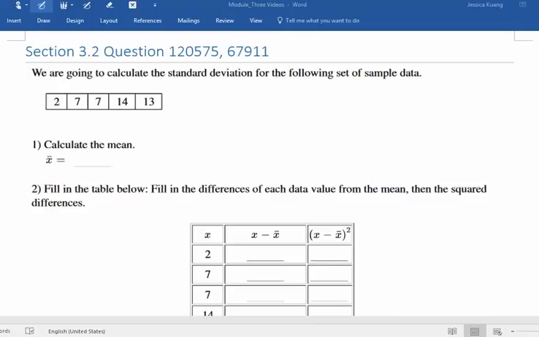In the first case, we assume that we have a sample. By the end of this video, you will see the difference between the sample standard deviation and the population standard deviation. In the previous module, we already learned how to calculate the mean by hand.